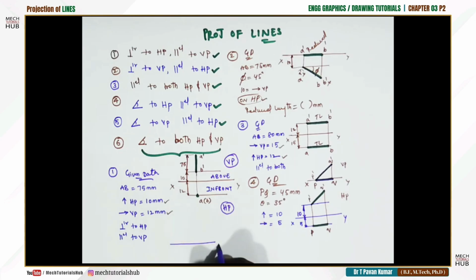Whenever you draw an XY line, above is going to be the vertical plane, below is going to be the horizontal plane. Remember, this is very important. Whatever you draw above the XY line falls on the vertical plane, which is the reason we draw it above the XY line. Whatever you draw below the XY line falls on the horizontal plane, VP, HP.